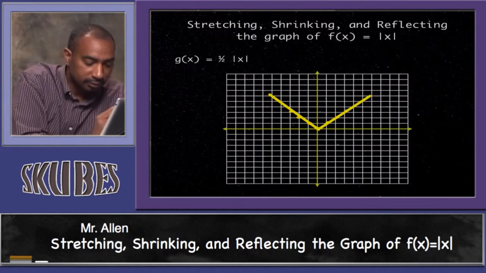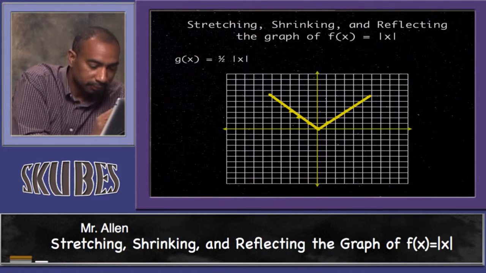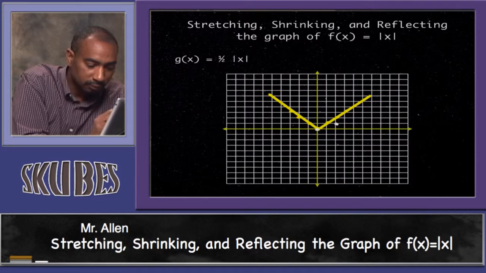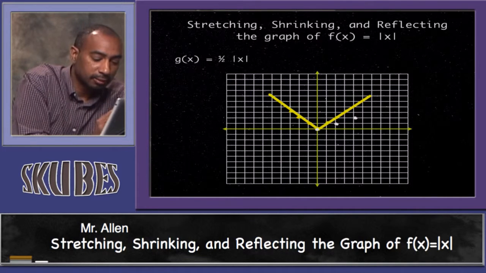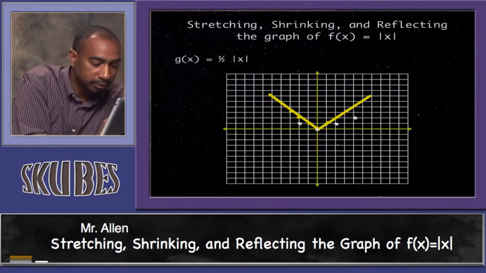When x is positive 2, we go up 1. 0, 0 stays the same. So if I go 2, I go up 1. At 4, I go up 2. And I do the same thing on the other side. If I have negative 2, I go up 1. If I go over to negative 4, I go up 2.